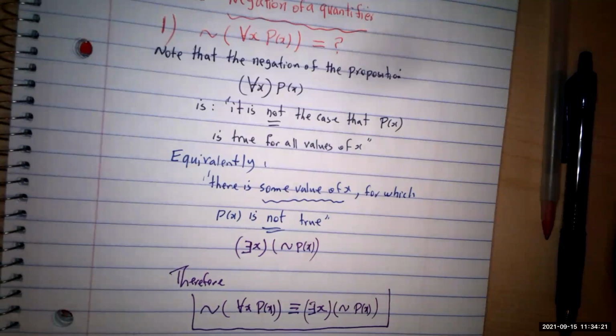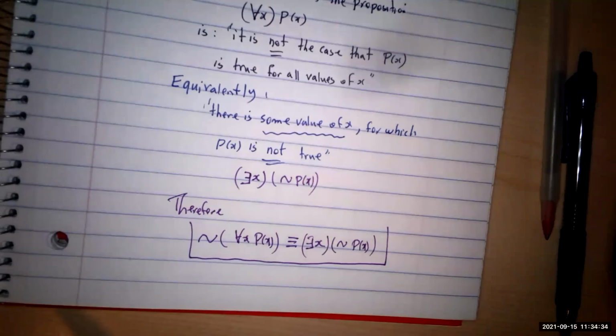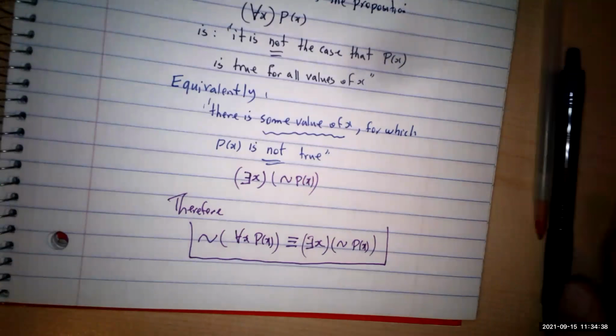So this means there is at least one value of x for which P of x is false. When P of x is false, the negation is going to be true. So the negation of for all would be there exists x not P of x, and we do the same thing to get the similar one.